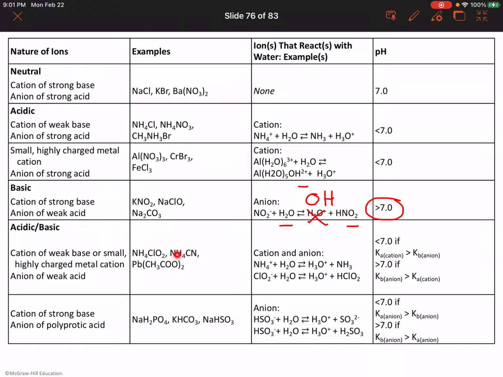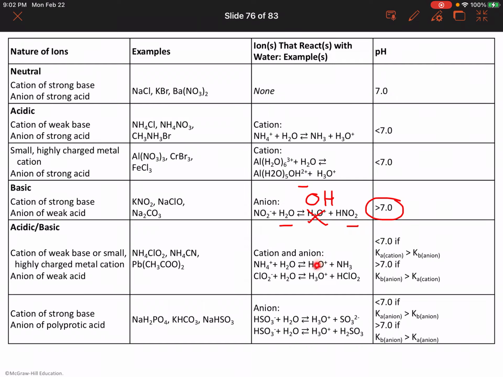So the ammonium ion here is a cation of a weak base, or a small, highly charged metal cation, and then these ions are anions of weak acids. So for the cation and anion combination, the ammonium ion reacts with water. So this would become ammonia, NH3. Water is going to act as a base, taking a proton from here, giving ammonia and hydronium ion.